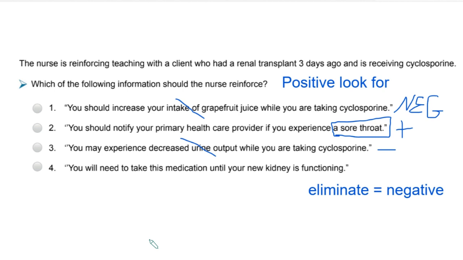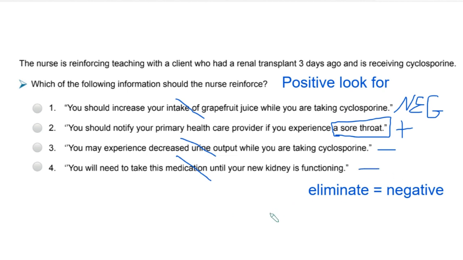Just because it starts to function early on when it should does not mean that they're going to stop taking the medicine. This again can imply that, oh, my kidneys are working and I'm going to stop. You will need to take this med until it's functioning. No, you may still need to take this medication to prevent your body from rejecting the kidney. So this again is a negative.